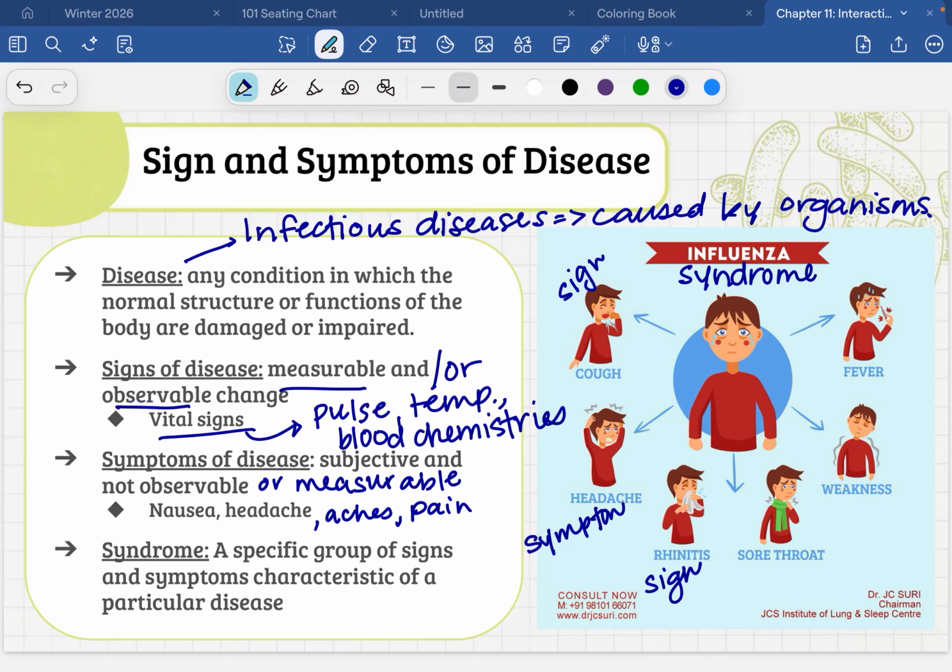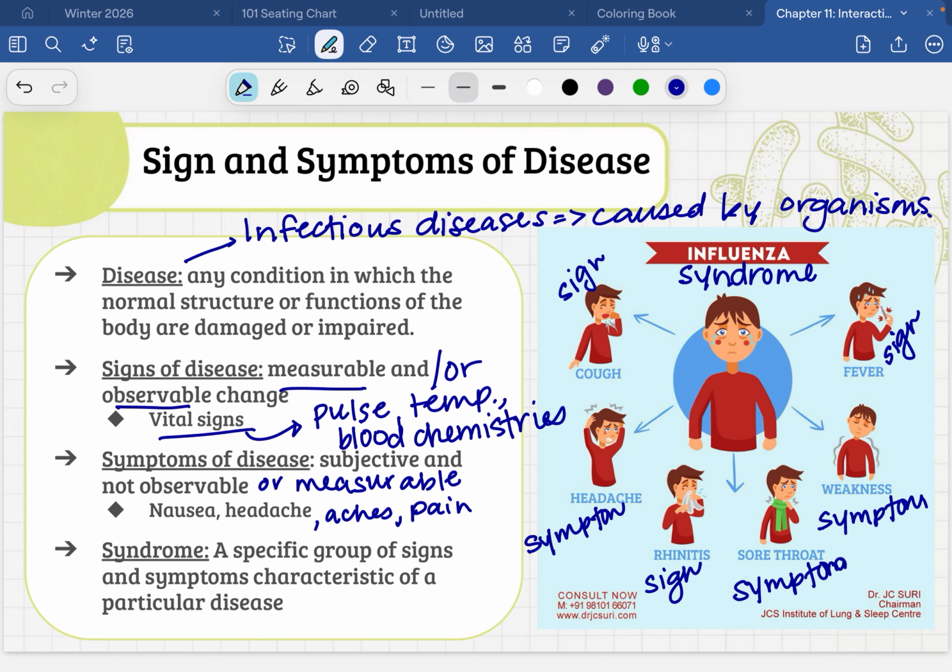A sore throat would be a symptom. Any kind of pain or anything like that is going to be a symptom. Weakness, again, that's going to be a symptom. That's something that you feel, not something that anybody else can really see. And then a fever is going to be a sign. That is something we can stick a thermometer in your mouth and measure your temperature.